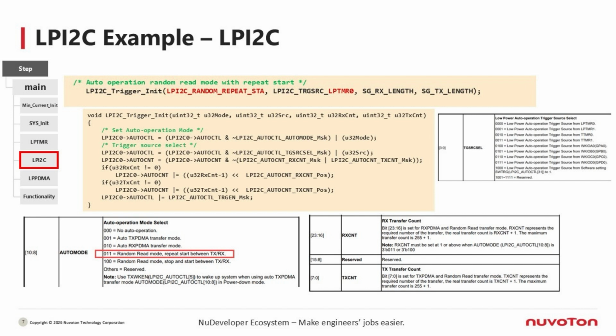First, the trigger source is set to Low Power timer 0, and the operation mode is set to 011, which corresponds to random read command with repeat start. Additionally, the RxCNT and TxCNT fields need to be set correctly to specify how many bytes to receive and transmit. Note that both fields should be set to the actual number of bytes minus 1.